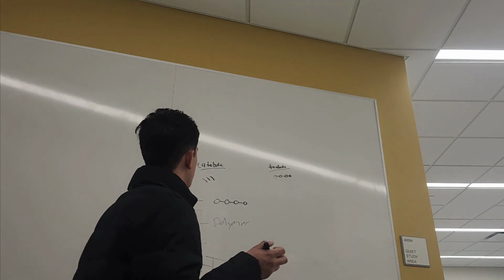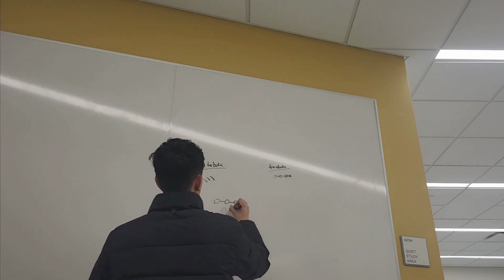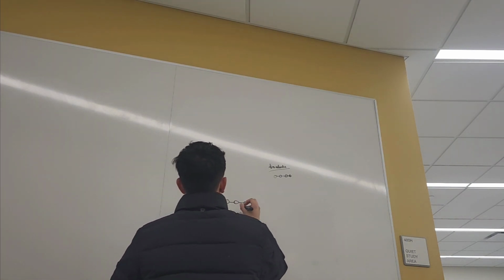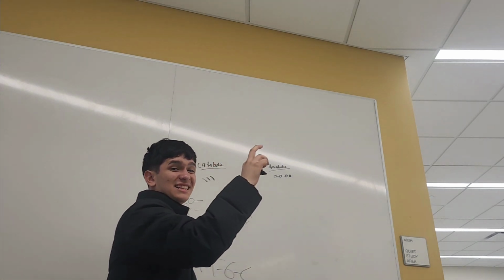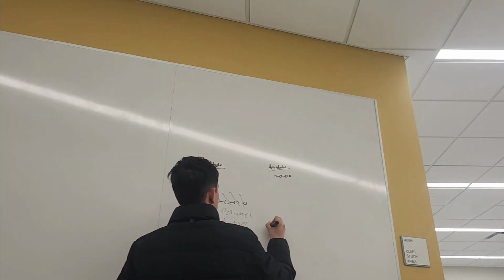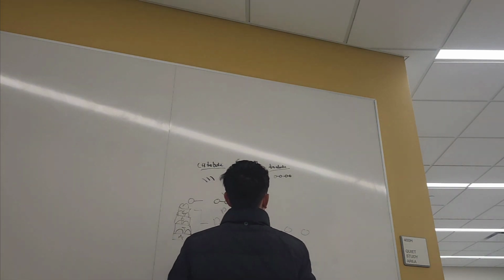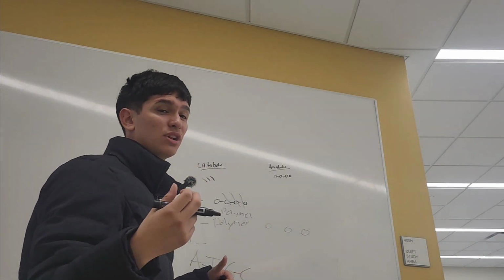So whenever a polymer gets broken down by the claws of the cat, it gets catalyzed and broken down into monomers. That's a catabolic process.